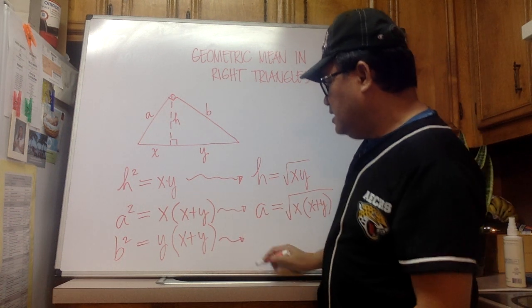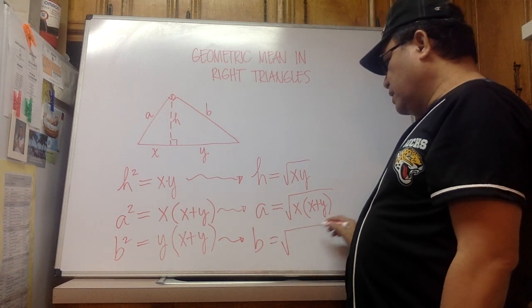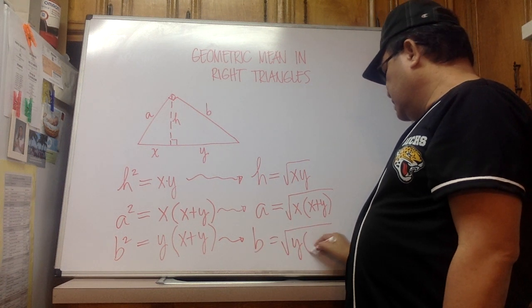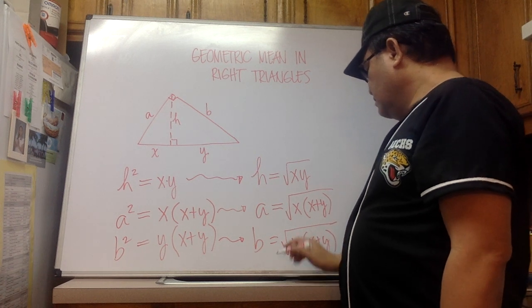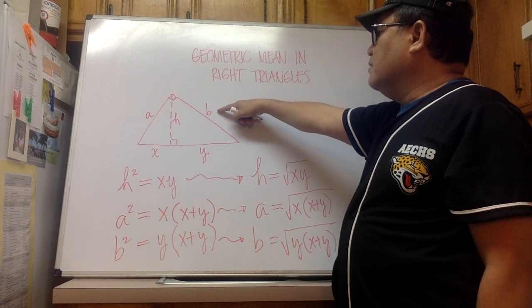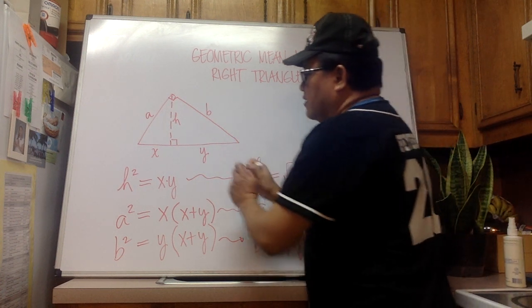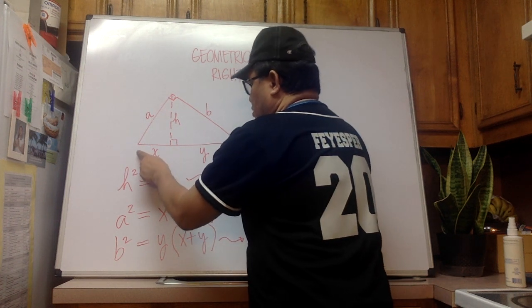And similarly, this formula can be converted into b equal to the square root of y times x plus y, which essentially means that this leg is equal to the geometric mean of this number times this number.